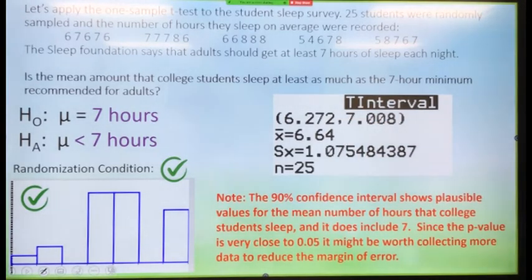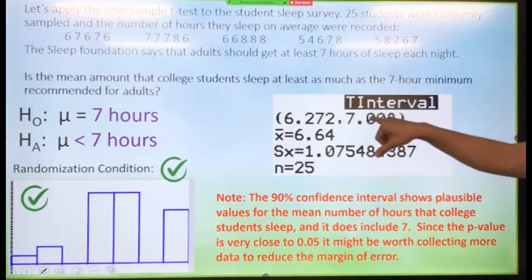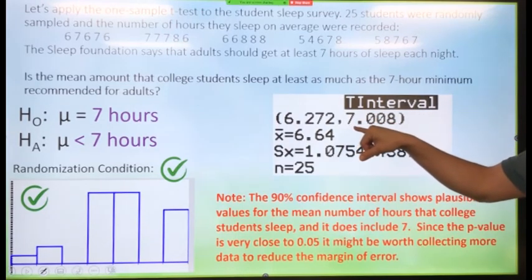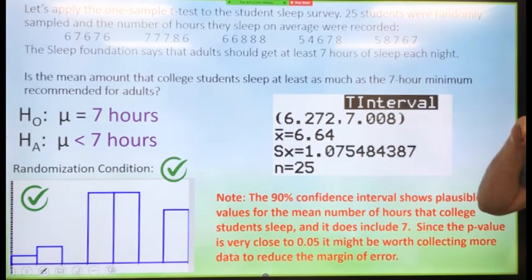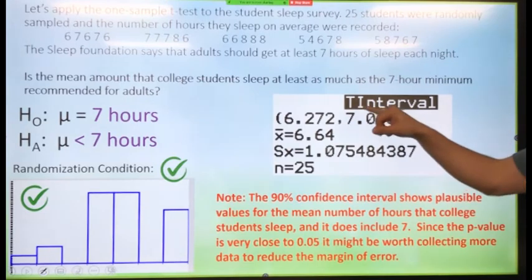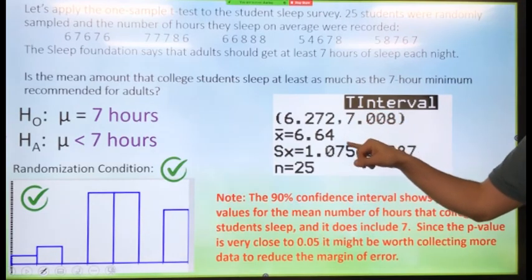So the 90% confidence interval shows plausible values for the mean number of hours that college students sleep, and it does include 7. Since the p-value is very close to 0.05, it might be worth collecting more data to reduce the margin of error. Note that this does not say, hey, I found it works here, so I'm going to go ahead and reject the null. Not quite. I don't want to force a test to work for you.